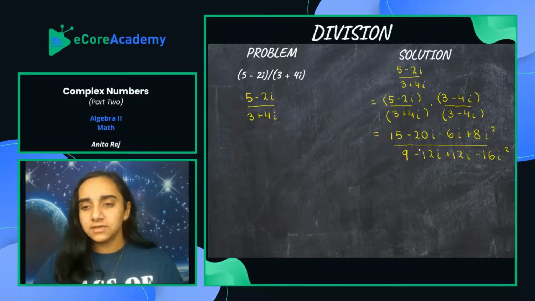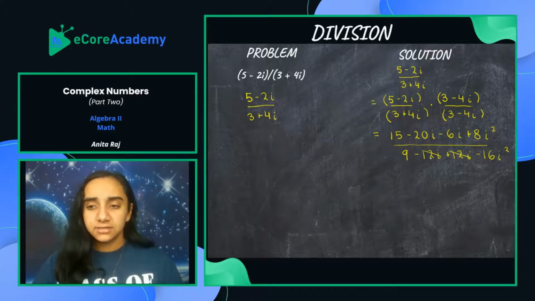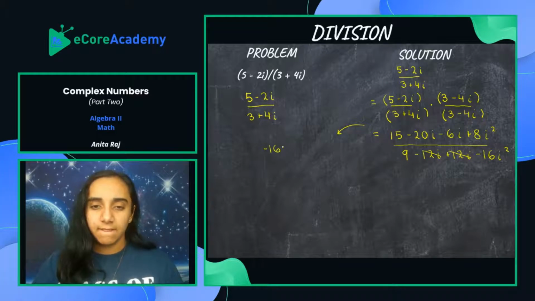These inner terms cancel out. Remember, negative 16i squared is negative 16 times negative 1, because i squared is negative 1.